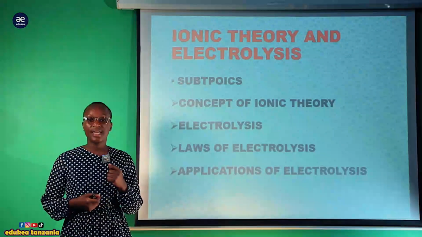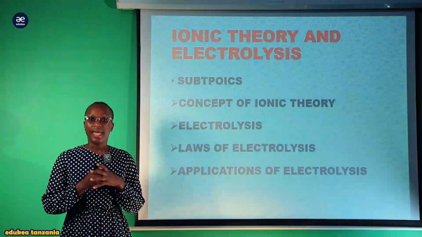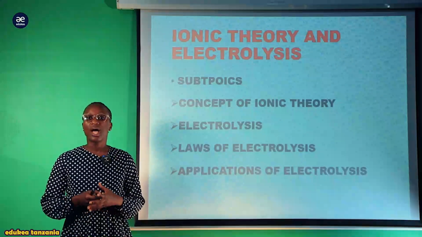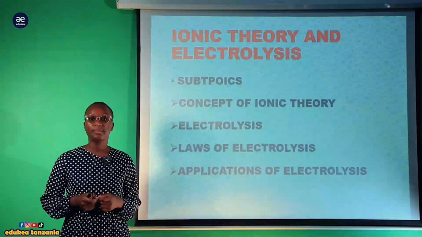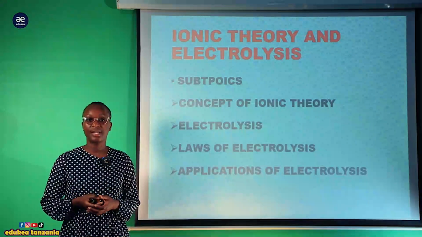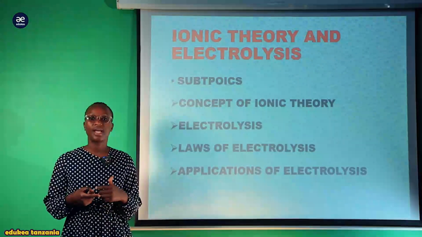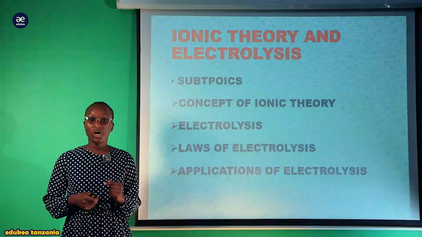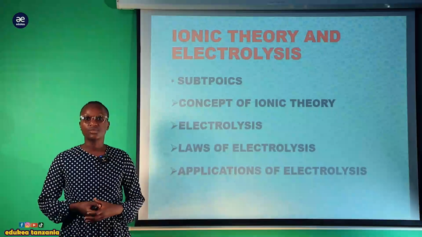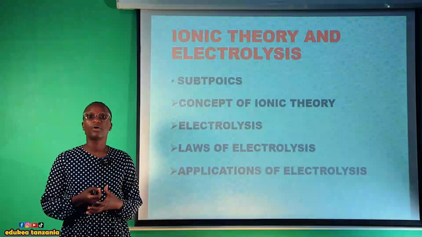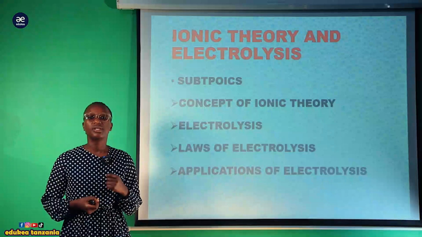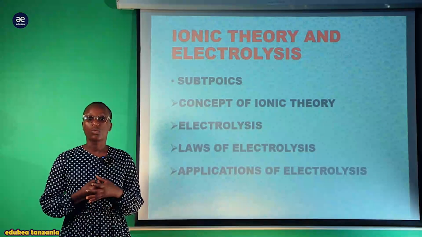So we ended there where we say that M is directly proportional to IT, whereby IT means the quantity of electricity, the current flowing with the time. So that's why there is I and T. But that proportionality we removed with the symbol Z, and that symbol Z we said is the electrochemical equivalent.